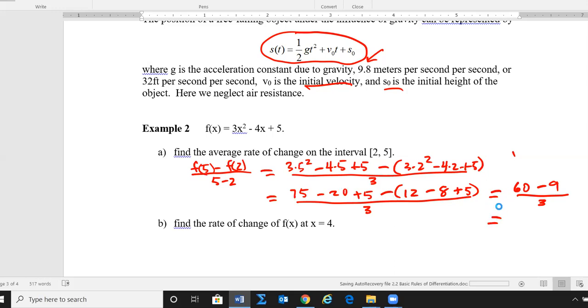Let's see, 60 minus 9, that's 51 over 3. And that's actually 17, isn't it? Okay, so the average rate of change is 17.